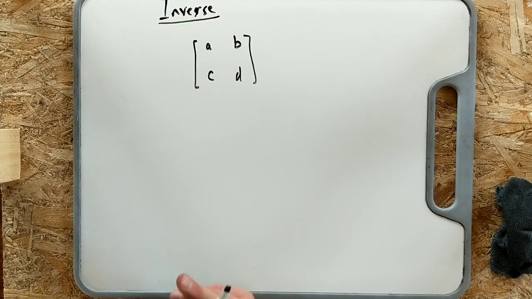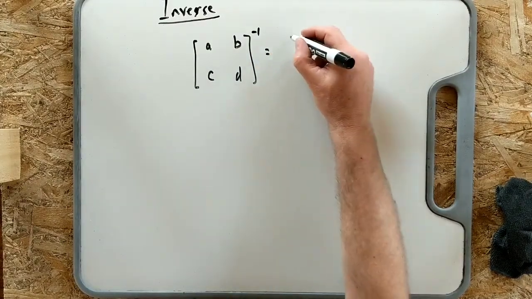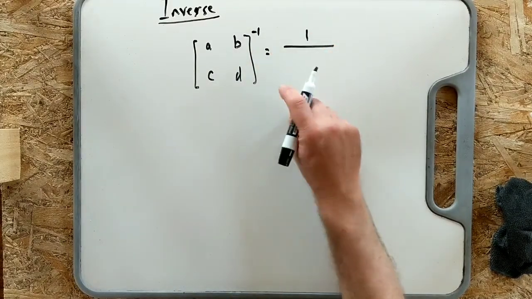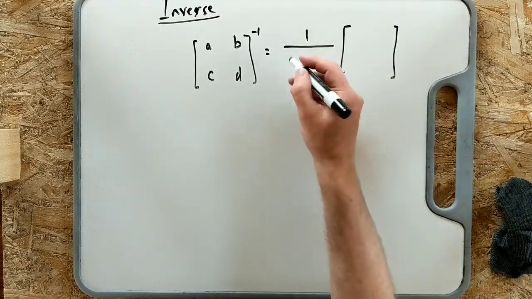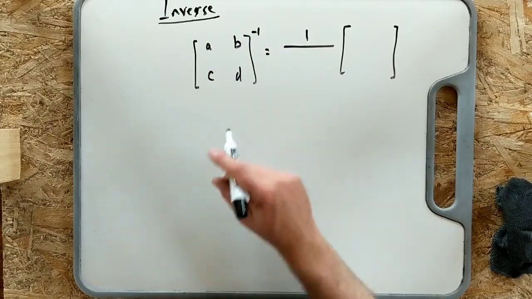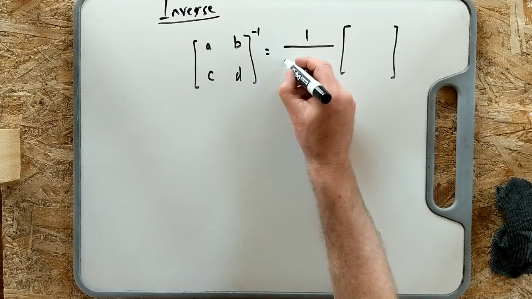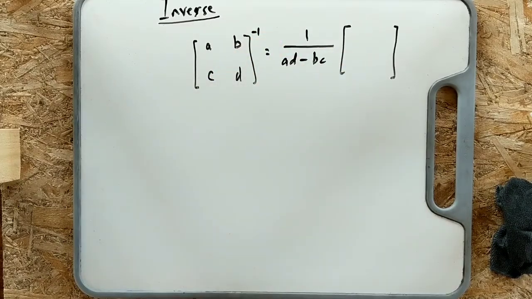The way you find an inverse of a 2 by 2 matrix is you first put in front of a new matrix the multiplication of the diagonals subtracted from each other. What you do is you multiply A times D, and then you subtract B times C. It's a little clearer with numbers.